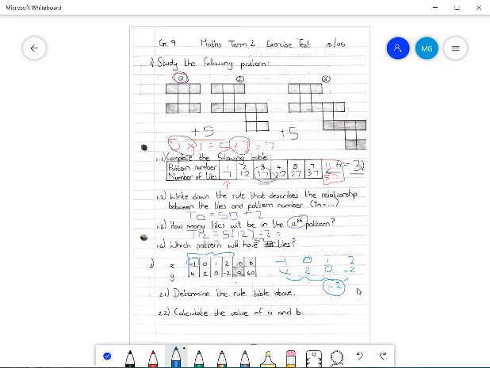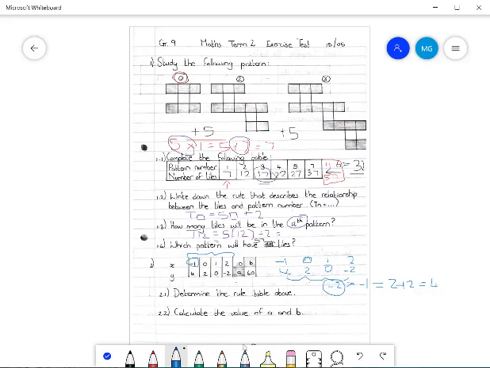I'm going to multiply minus 2 with minus 1. Okay, multiplying that gives me a positive 2. Remember, a minus and a minus makes a positive. So what do I have to do? What do I have to add or subtract to go from 2 to 4? I need to add 2, and that will give me 4.